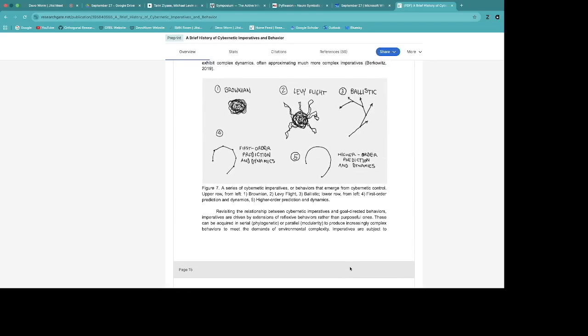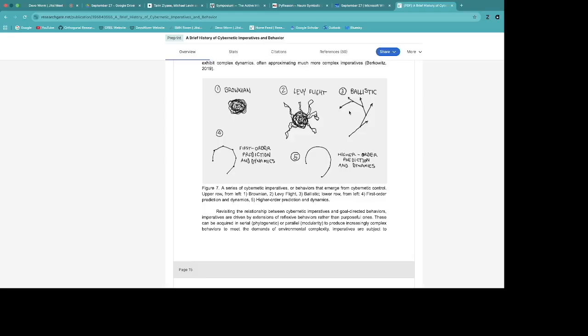And then this is an example of this progression in behavioral integrity, going from Brownian motion to higher order prediction and dynamics. This was hand drawn because they didn't really have a way to plot this out properly using a program. But in any case, this proceeds from Brownian motion, which is like this random motion around a point, to these Levy flights where you get this random motion around a point, but you have these exploratory jumps.